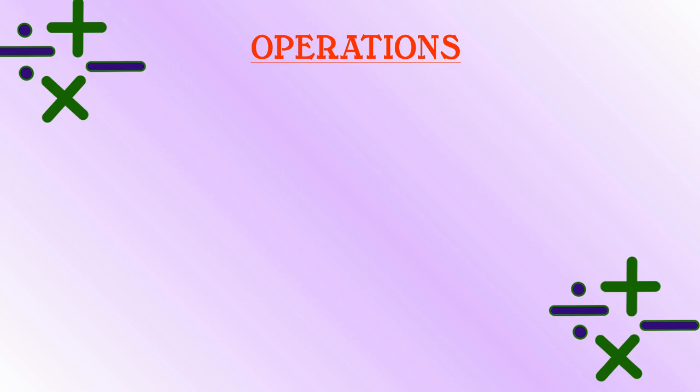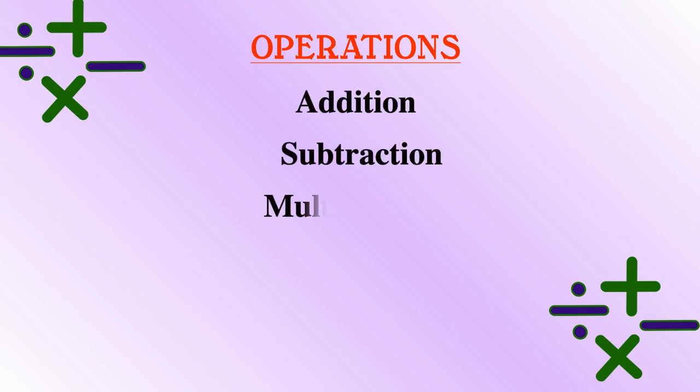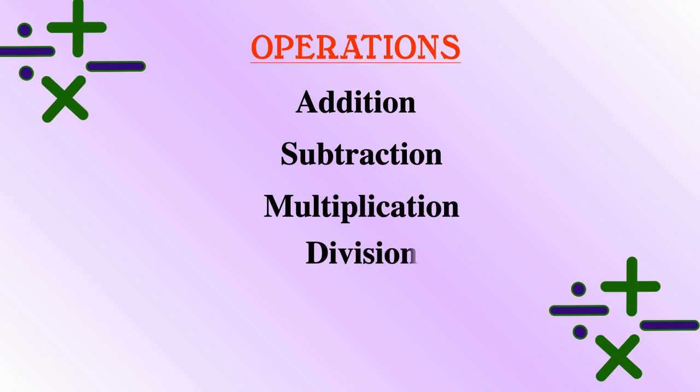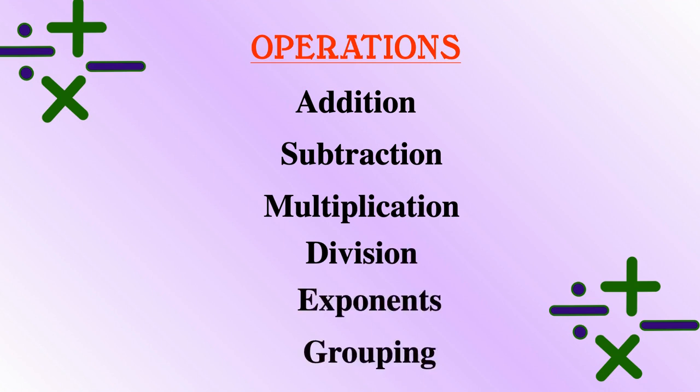Remember, the operations are, yes, you said it, addition, subtraction, multiplication, division, exponents, and grouping. And the order of operations states which operation takes precedence or is taken care of before which other operation.